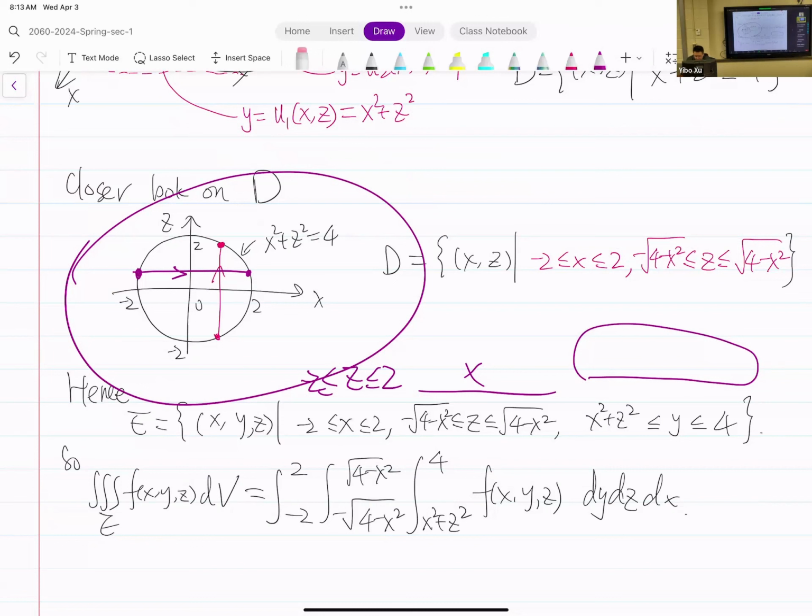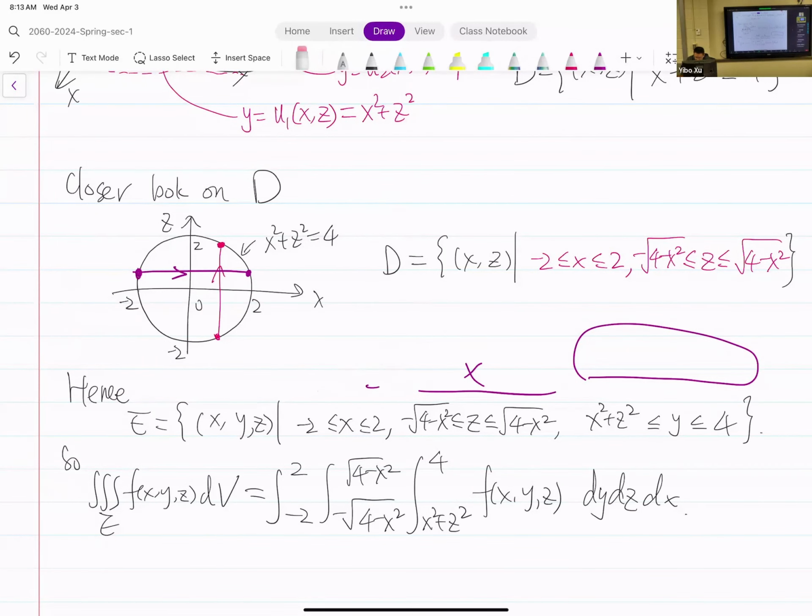Okay? So you see, once you decide the region D, there will be two ways to describe the solid. And of course, earlier in the previous solution, we had the projection onto the xy plane, so there will be two descriptions as well.